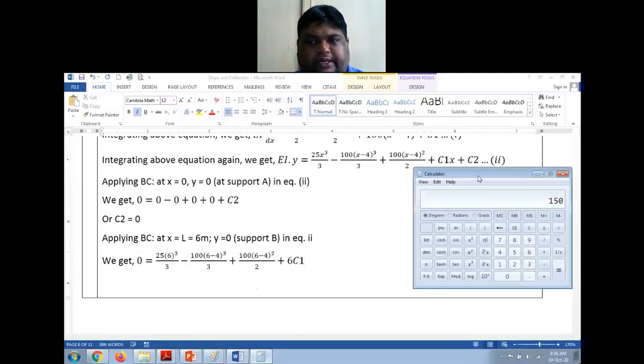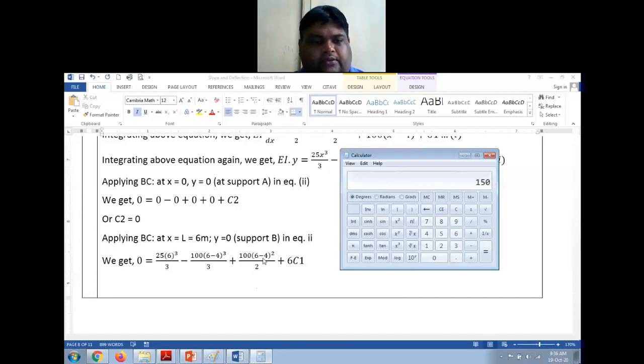Now let me just calculate this. 25 into 6 cube by 3 minus 100. 6 minus 4 is 2. 2 cube is 8. 100 into 8 by 3 plus 100 into 6 minus 4 is 2. 2 square is 4. 100 into 4 by 2.